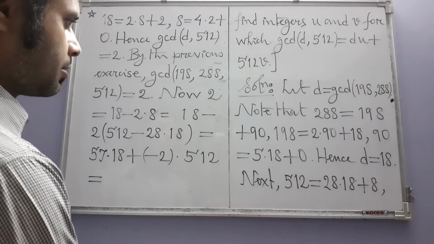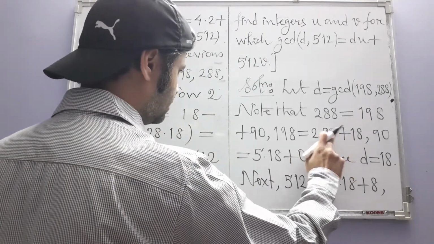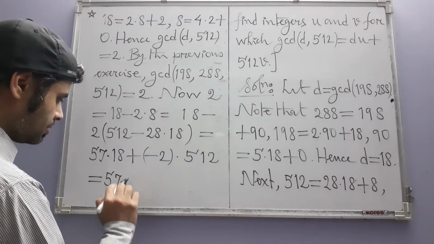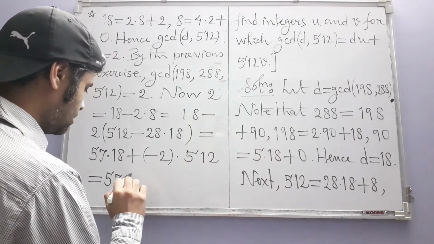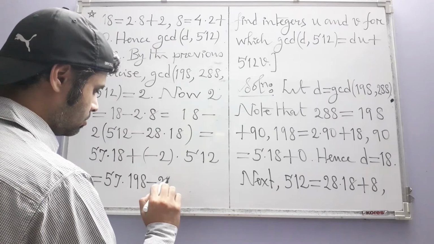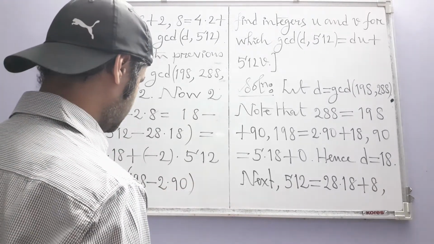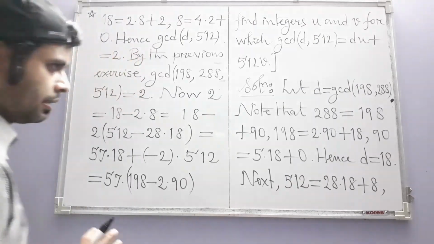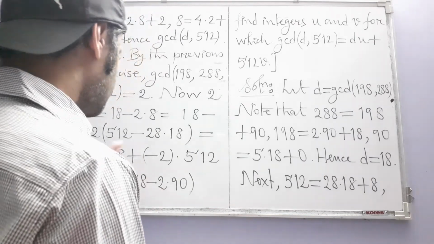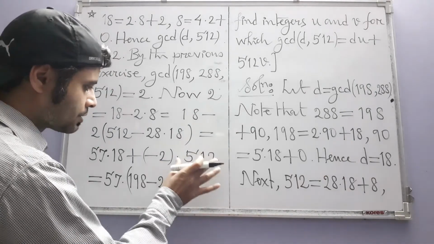Now next we have an expression for 18 from this equation. So next we are going to write 57 times 198 minus 2 times 90 minus, okay, it looks a little strange. Because we have 3 numbers involved, one of them can just sit like this.